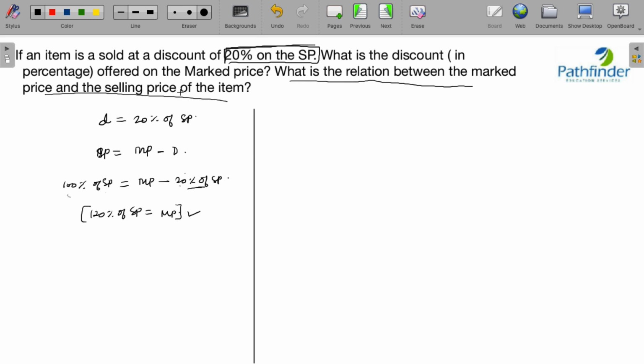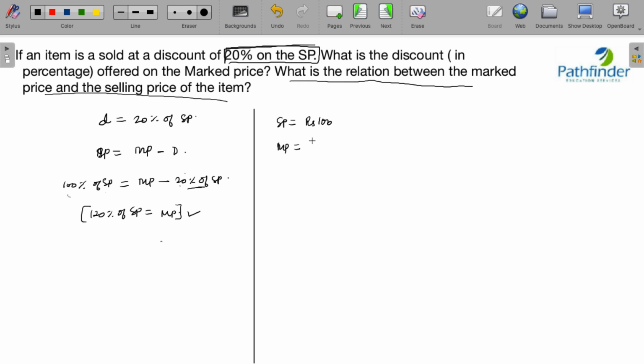Okay. Now we are asked to calculate the relation between marked price and selling price, which we've already done. The other question is, what is the discount offered on the marked price? So let us assume, I have already told you that whenever all the values are given in percentages or ratios, you can solve the question easily by assuming values. We assume selling price to be rupees 100.